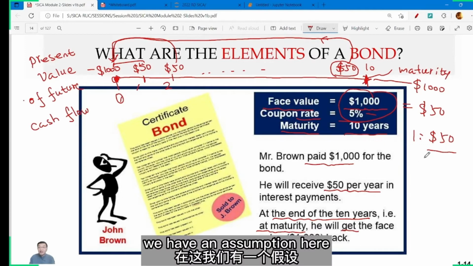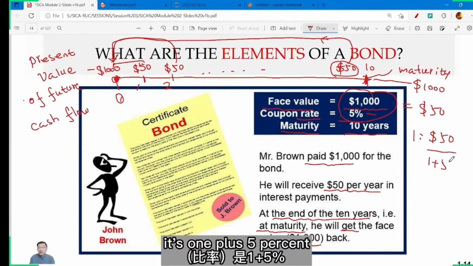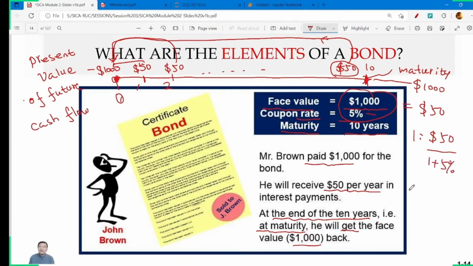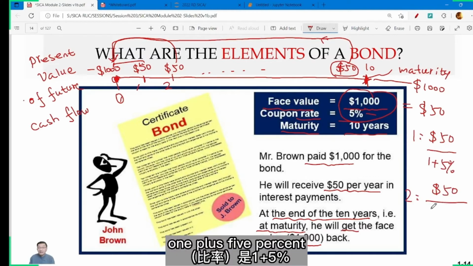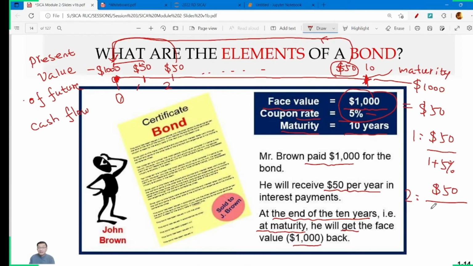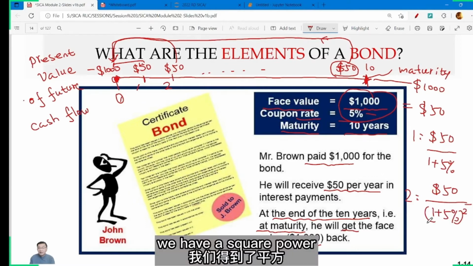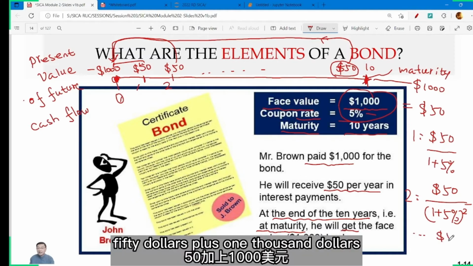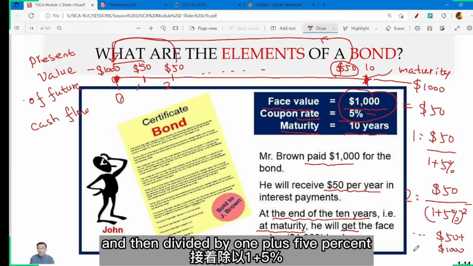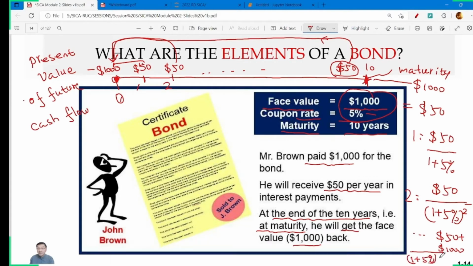We have an assumption here. It's $50 divided by 1 plus 5%. Second year, $50 divided by 1 plus 5% squared. And in the 10th year, we have $50 plus $1,000, divided by 1 plus 5% to the 10th power.